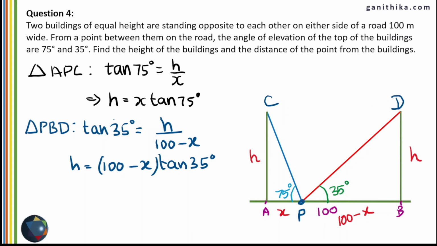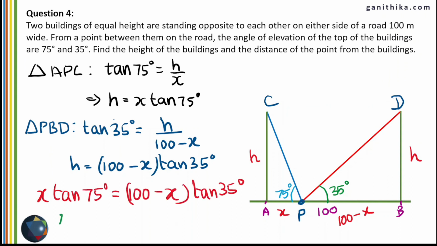So now equating both the h equations, we get x to be approximately equal to 15.8 meters, and substituting this x value in one of the h equations, we get h to be equal to 59 meters, which means the height of the buildings is 59 meters and the distance of the point from the building A is 15.8 meters. Eventually you can find the distance of B from the point P by subtracting 100 minus 15.8. So we will have 15.8, 59 and 100 minus 15.8 as the answers for this question.